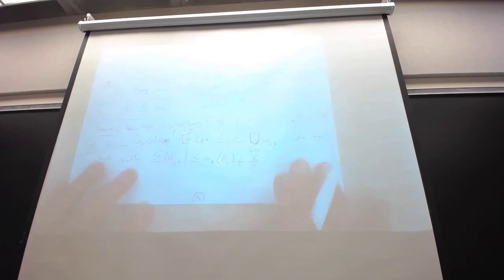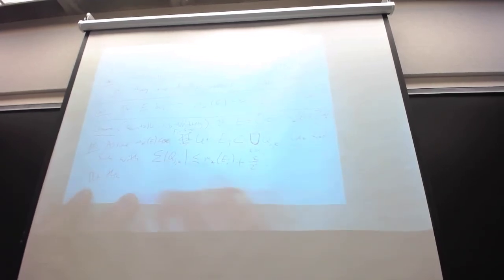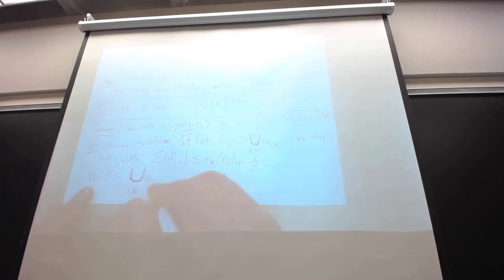So that's this cover. The union over j and k of these Q_{j,k} covers the union of the E_j, and the union of the E_j is in fact equal to E itself.